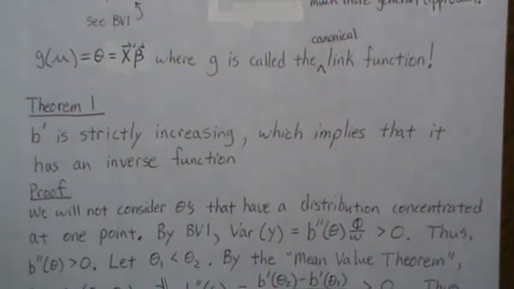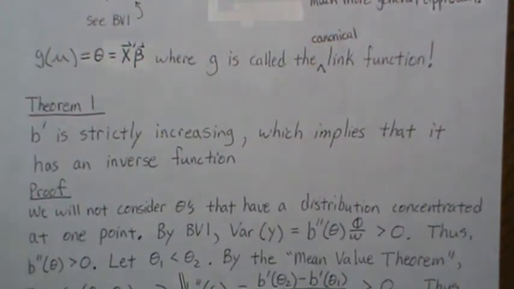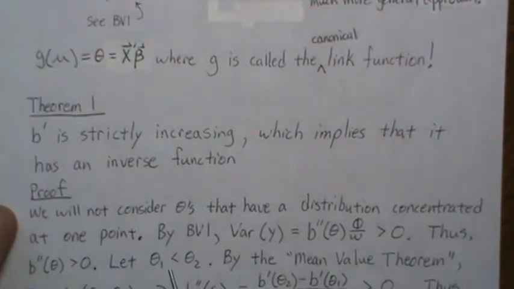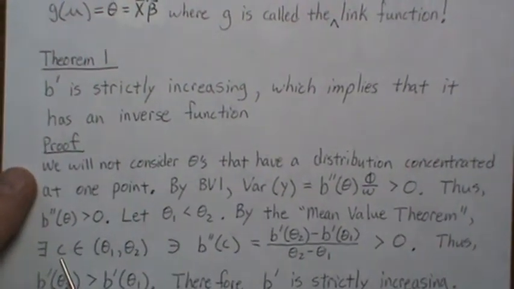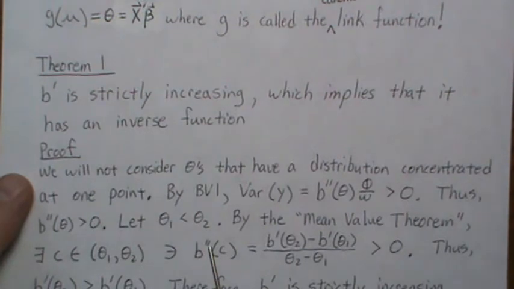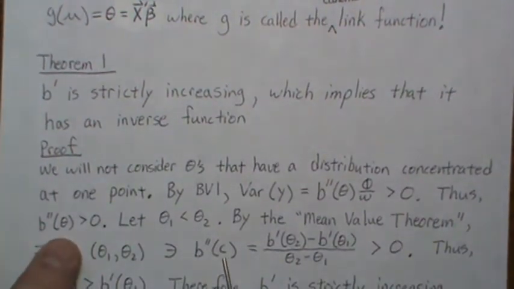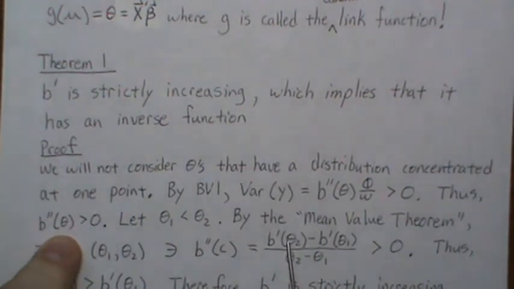So now let's let theta 1 and theta 2 be arbitrary parameters, and theta 2 is strictly greater than theta 1. And so by the mean value theorem, there exists a C in this interval such that beta double prime of C is equal to this, okay?